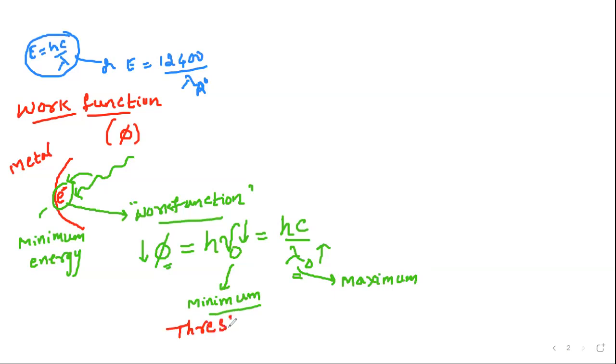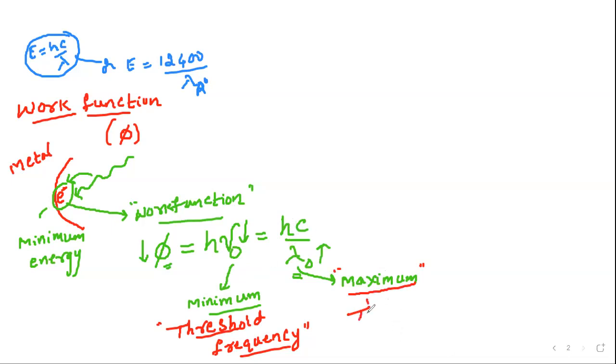What is this called? Threshold frequency. So what is threshold frequency? Threshold frequency is the minimum frequency for which the electron is just going to come out from the metal surface. Similarly, whatever the maximum wavelength we have, by using that maximum wavelength, we are taking the electron out.